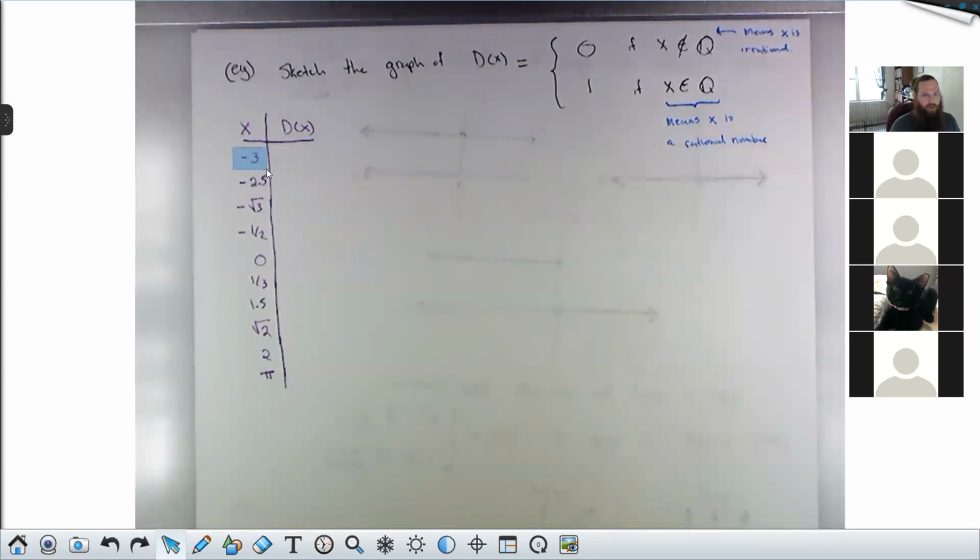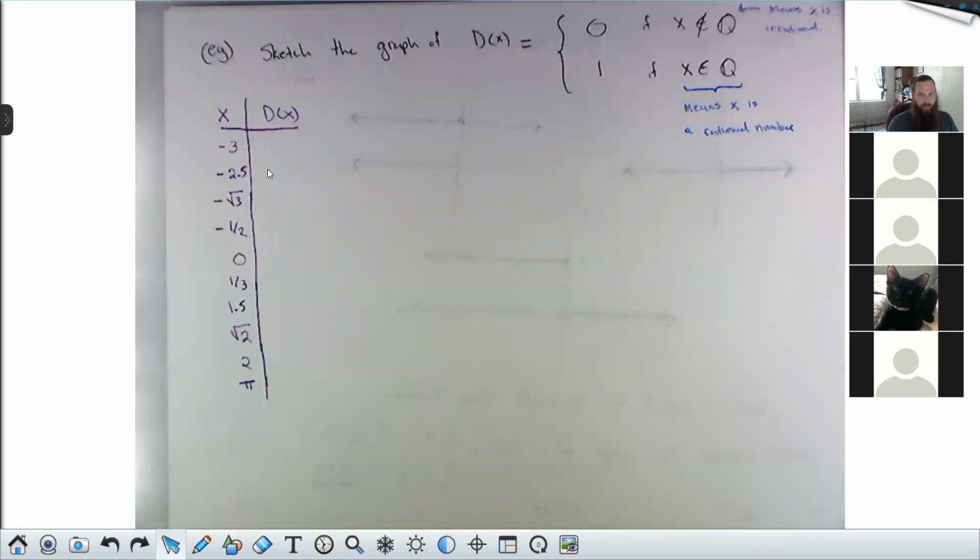What is d of -3? One. Very good. D of -3 is 1. It's got to be either 0 or 1. Those are the only two numbers that this function can spit out.